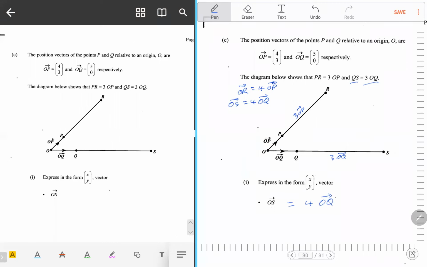As easy as that, we worked it out already by putting information on the diagram. So it's 4 times what OQ is, which is 5, 0. 4 times 5, 0 becomes 20, 0. Easy as that.